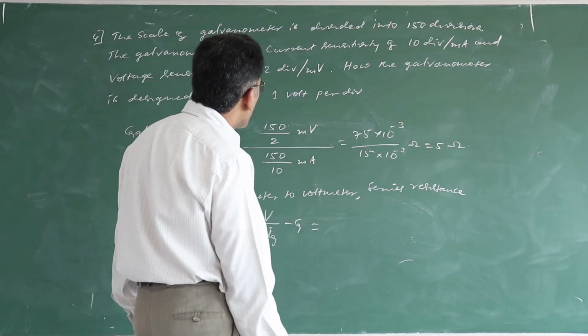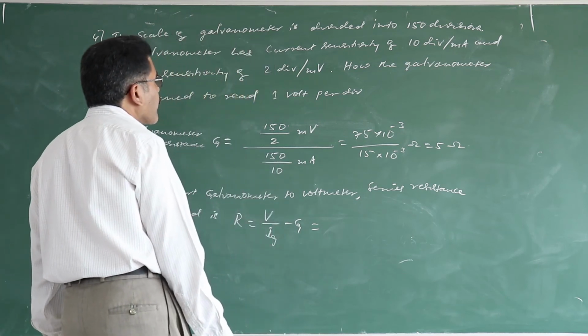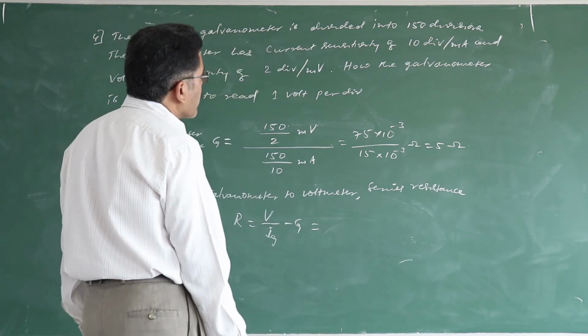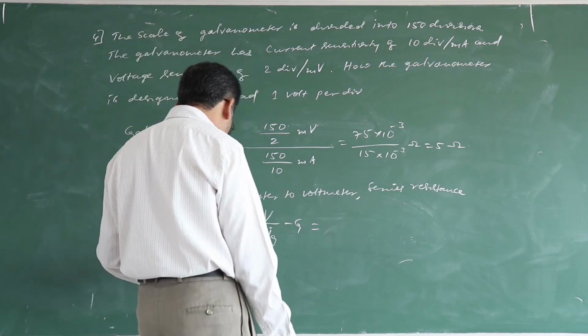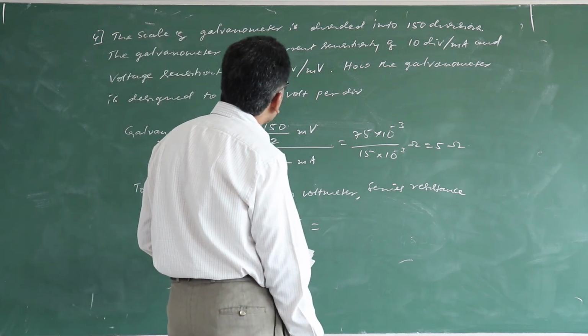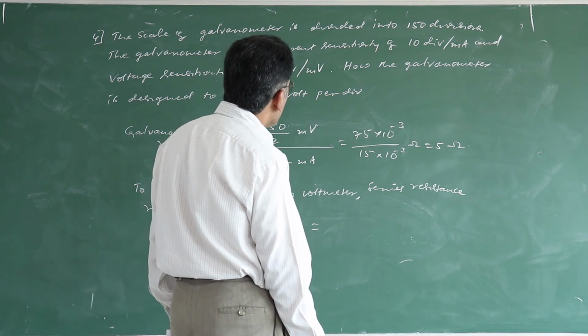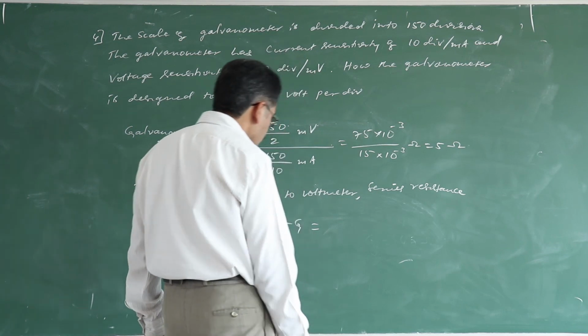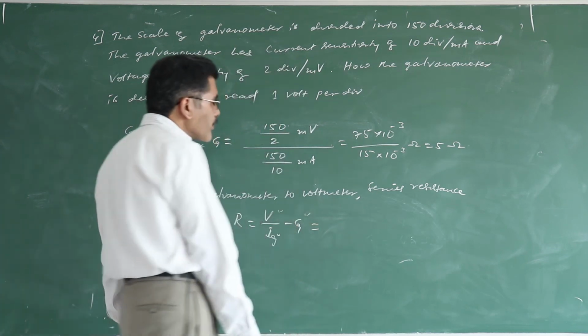V is 1 volt per division. How many divisions are there? 150 divisions are there. So therefore what is the range? What is Ig? Ig is given. Now you just substitute for G, V and Ig.